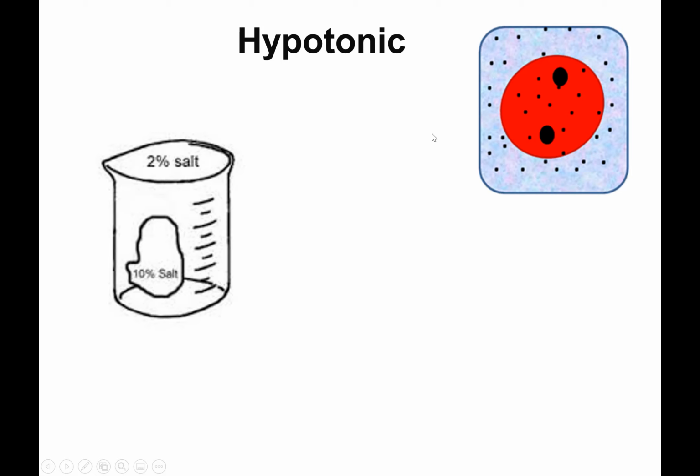Hypotonic. Okay. So now there's less solute outside the cell than inside. The black dots are supposed to be water, I think. Let's look at a value. Okay. So inside our cell is 10% salt. Outside our cell is 2% salt.